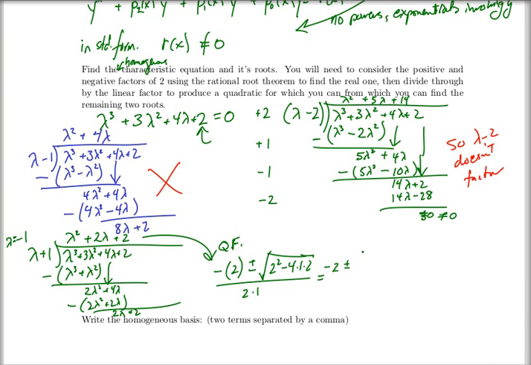The other roots are going to be complex. So that looks like minus 4 under the root, all over 2, which is equal to minus 2 plus or minus 2i over 2, which is minus 1 plus or minus i.